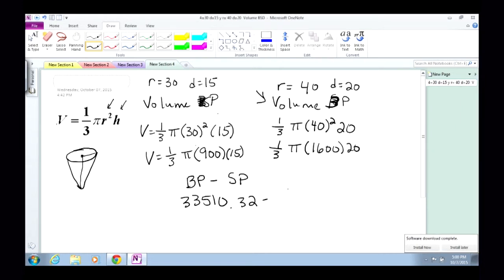So same thing, I'm going to calculate now the volume of the smaller pond, so 1/3 times pi times 900 times 15. Oh, I did something wrong with my calculator here.